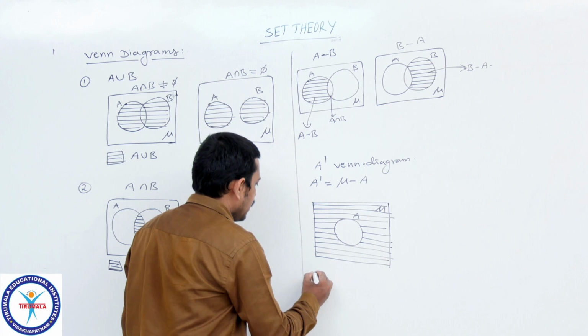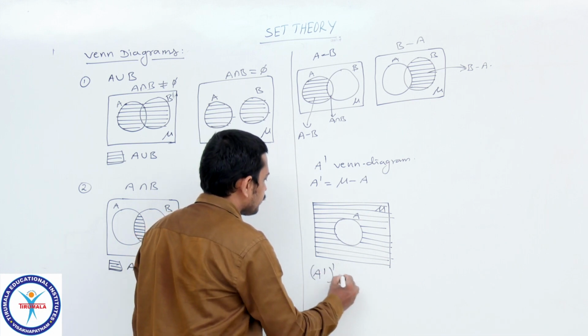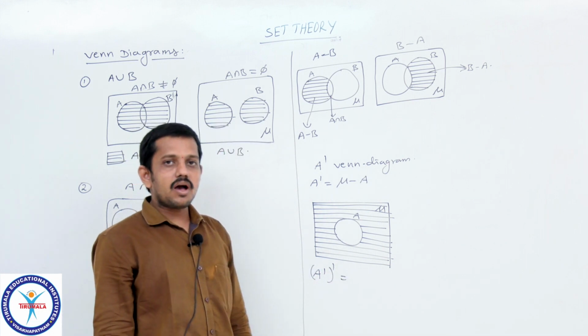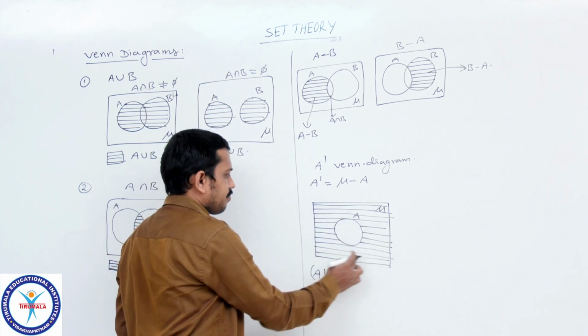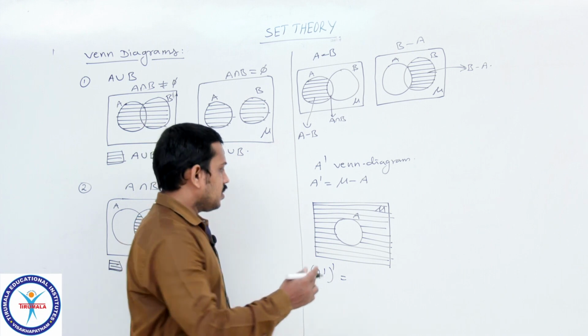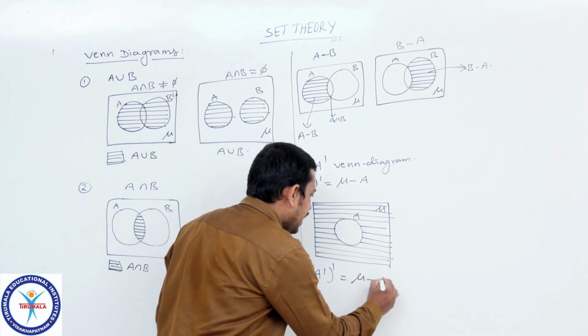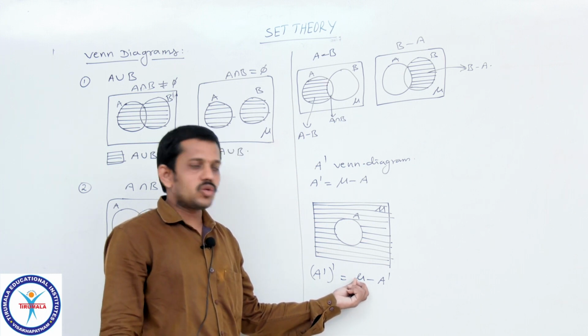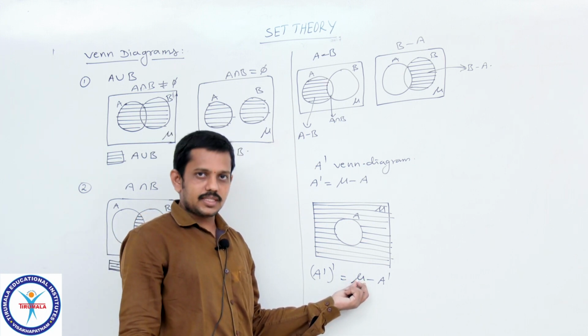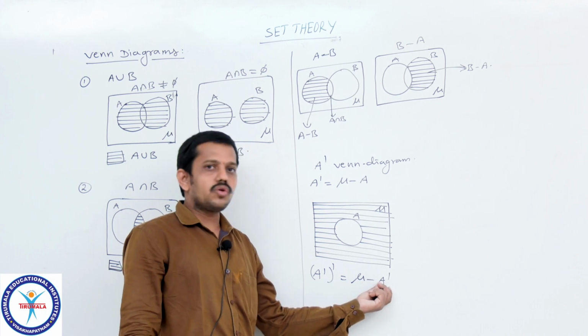Now, what is A complement whole complement? A complement means this region, whole complement means μ minus A dash, means the region which belongs only to the universal set and does not belong to A complement.